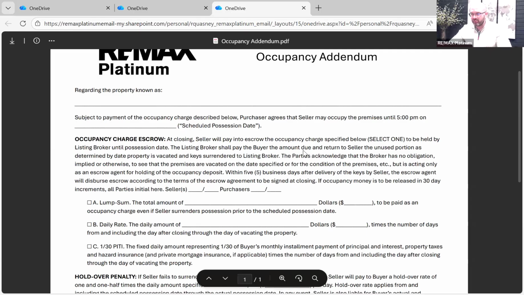You're then basically decreasing the amount of free occupancy you were giving to the sellers, which they may take umbrage at, because they wanted to be able to stay for 30 days for free.